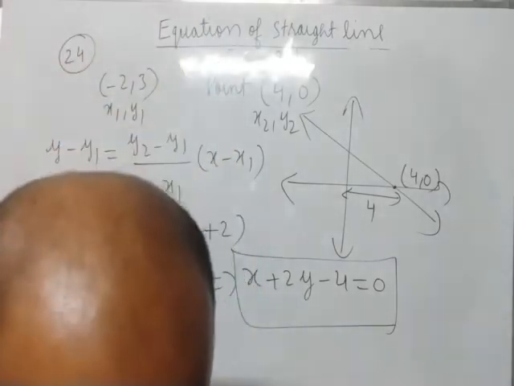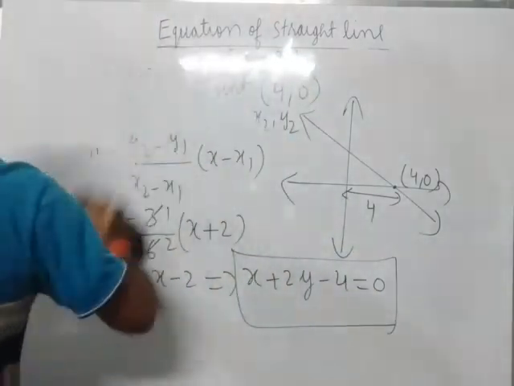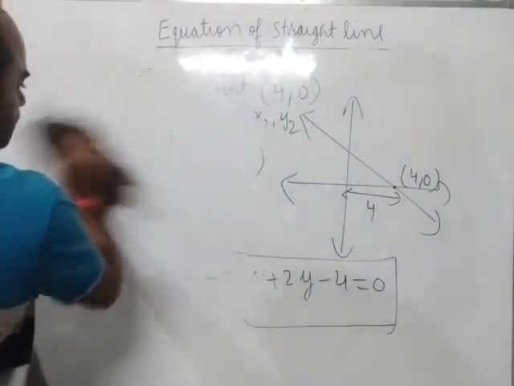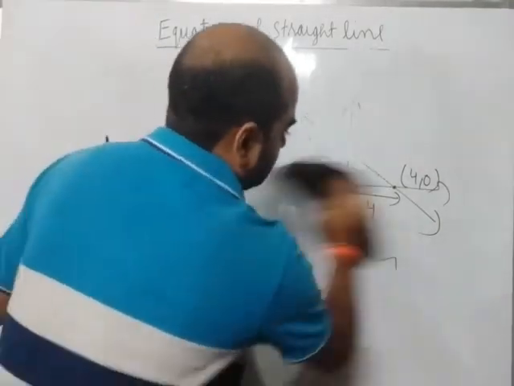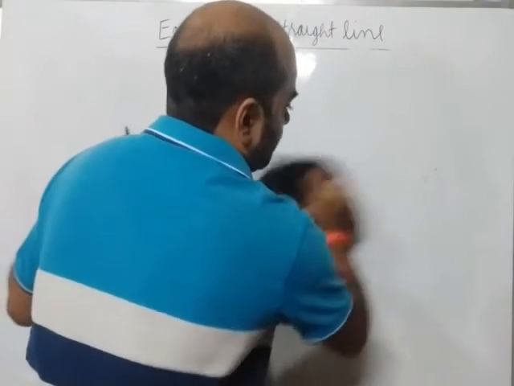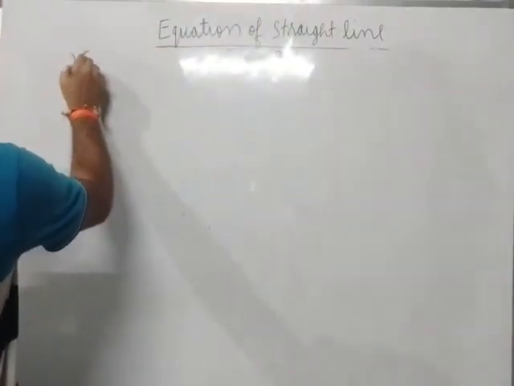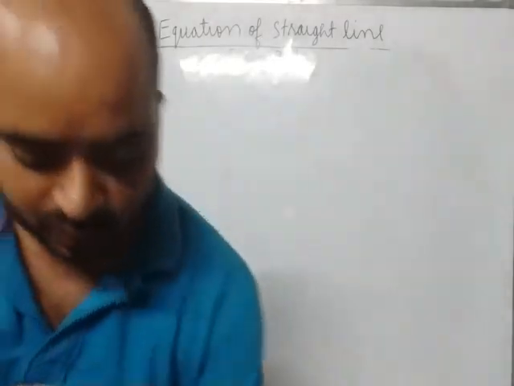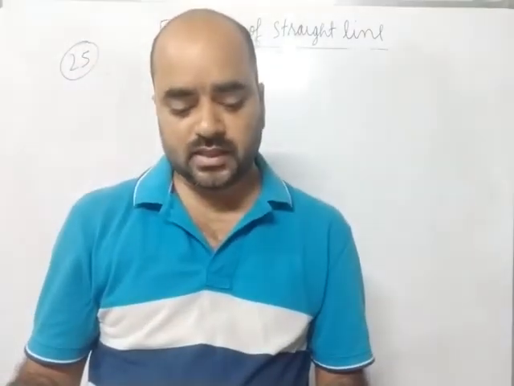Next is 25. So 25 is again a similar type of question. Find the equation of the line whose x-intercept is 6 and y-intercept is -4.